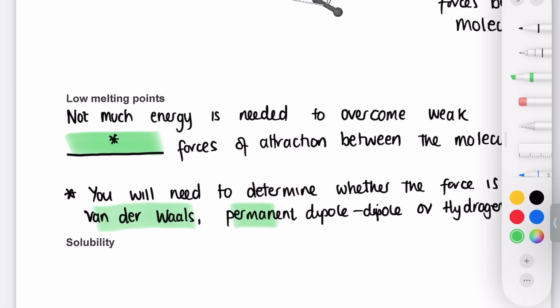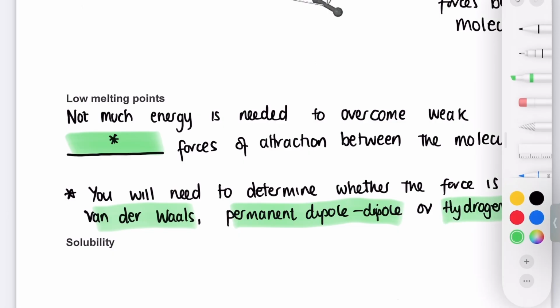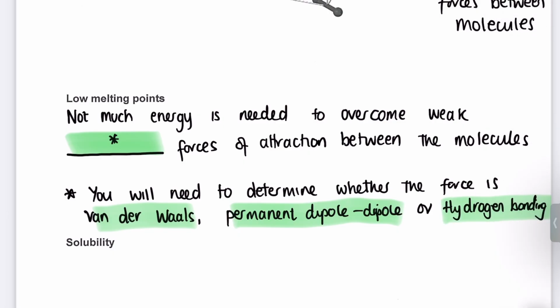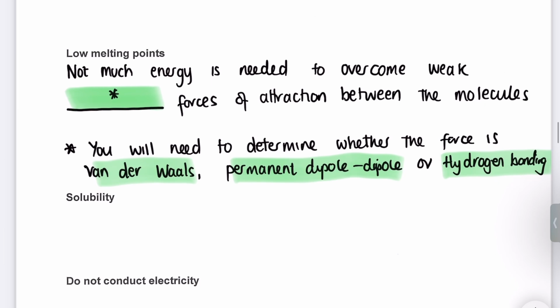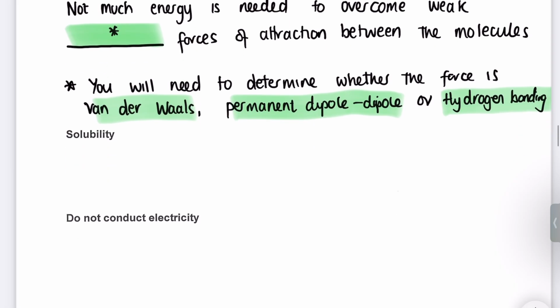Are you putting van der Waals, permanent dipole-dipole, or hydrogen bonding? But whichever one you're picking, it's a weak force, and so you don't need very much energy. If something had hydrogen bonding and something else of a similar size had van der Waals, then yes, the hydrogen bonding one would be a bit stronger, but it would still be weak in comparison to, say, an ionic bond. So it depends on the question how you would answer.